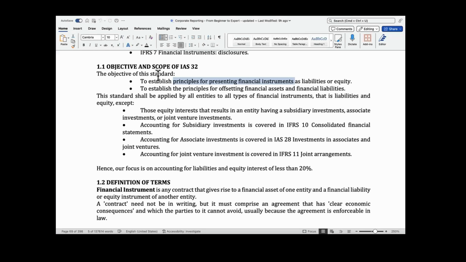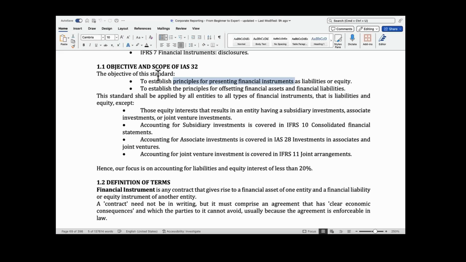By the time you invest in another entity and your holding goes above 20%, then that is not just a financial asset. That becomes an associate investment. And should your holding go above 50%, that even goes beyond associate investment and becomes a subsidiary investment.